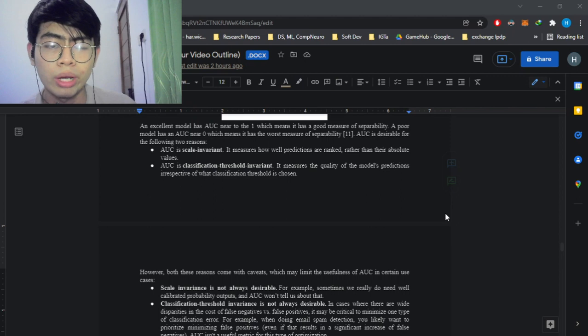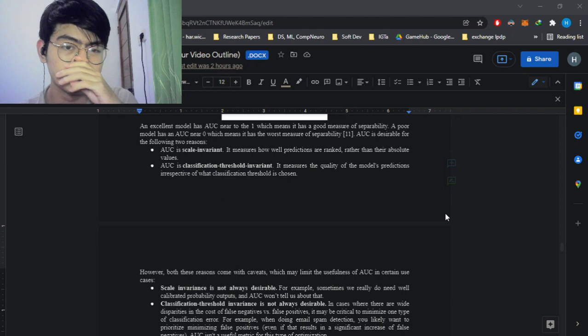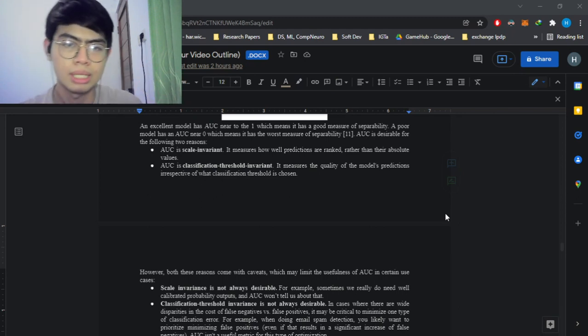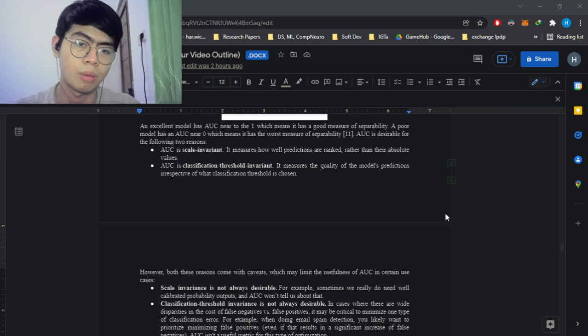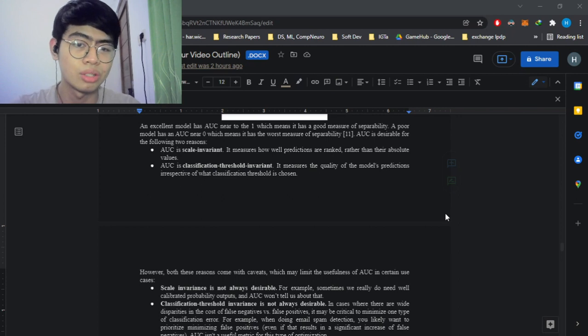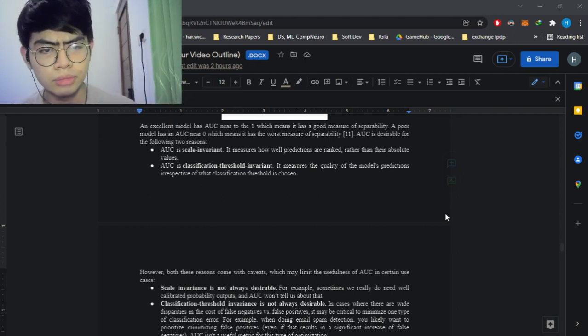When we decrease the threshold, we get more positive values, assuming that everything above the threshold is considered positive, so it increases sensitivity and decreases specificity. Similarly, if we increase the threshold, more values are less than the threshold, which means we get more negative values, higher specificity and lower sensitivity.